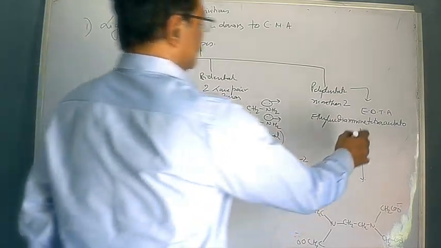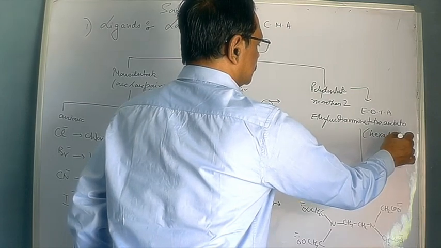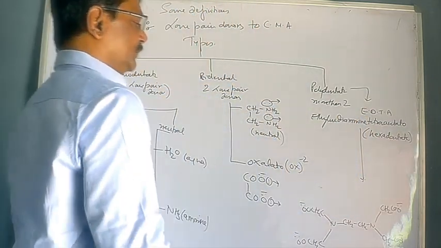So class, it's an example of hexadentate. Hexadentate means it gives 6 lone pairs.